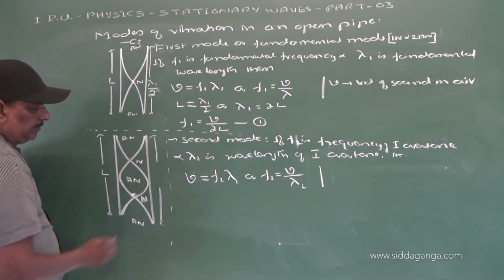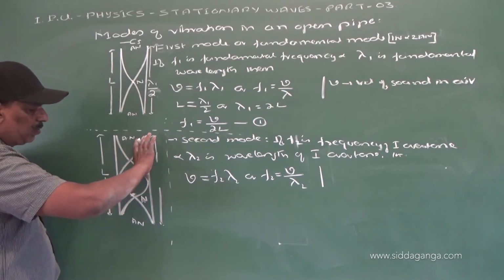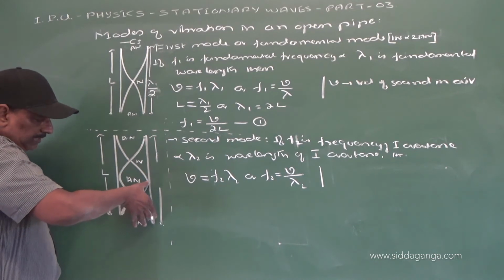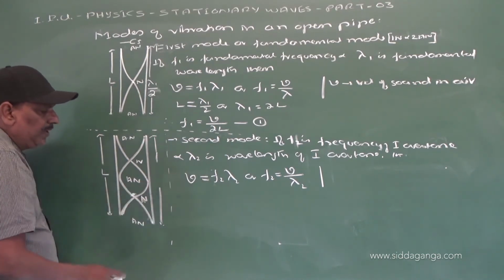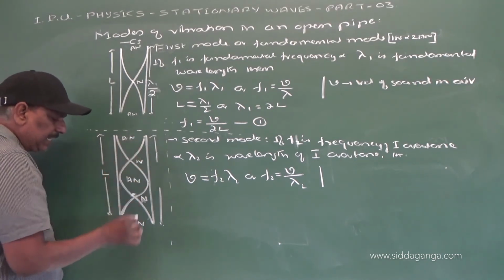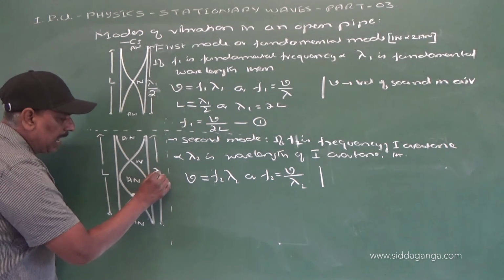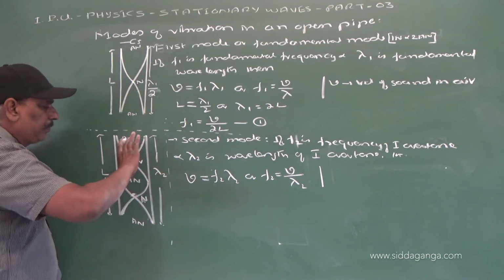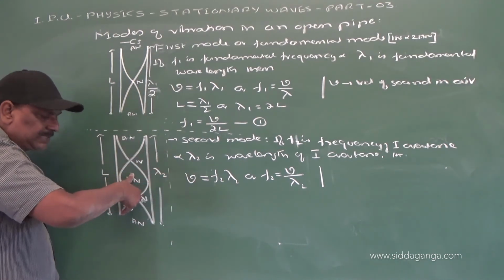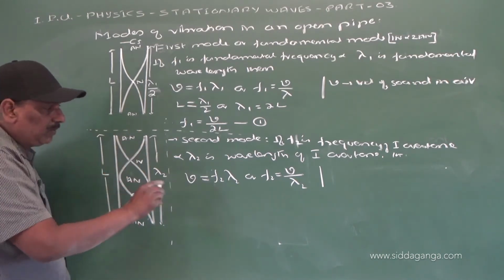Now here, up to this distance it is lambda 2 by 2, and up to this distance it is lambda 2 by 2. Therefore, the total distance between the first antinode and the third antinode, lambda 2 by 2 plus lambda 2 by 2, is lambda 2.